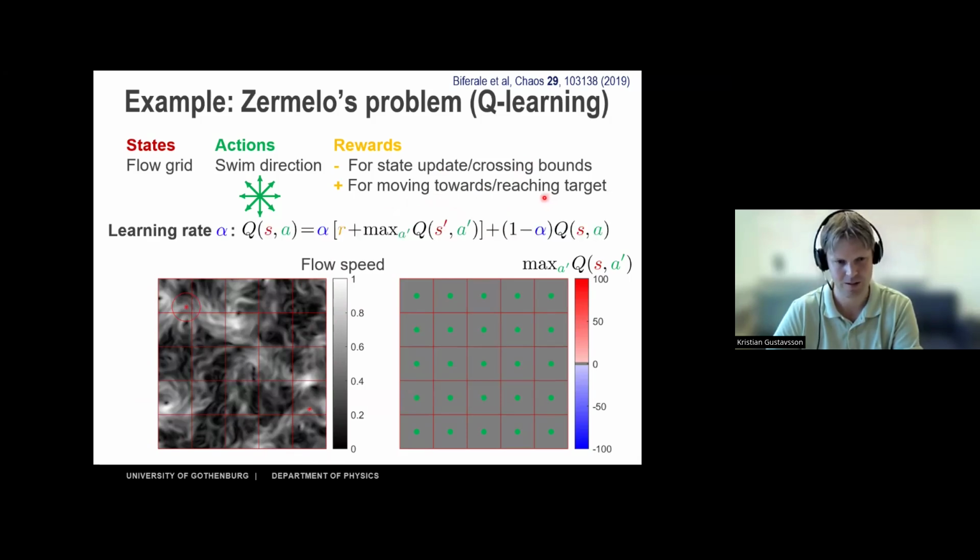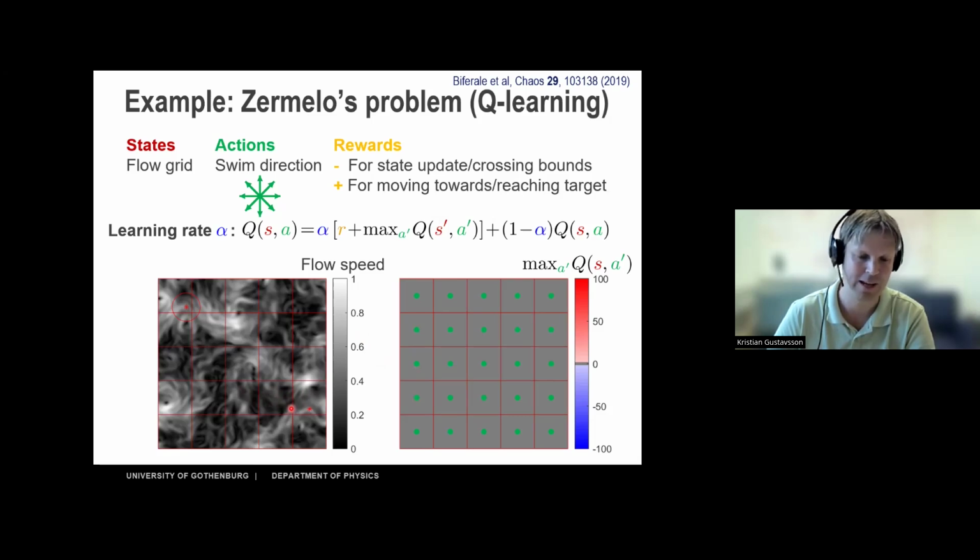Now one important difference from what we had before is that in the previous case, when we took an action, the outcome was always deterministic. So we always had the same outcome from taking an action. But now if we are in this cell, for example, and enter it here and want to move to the left, or have the swimming speed to the left, maybe we move like this and move to this cell.